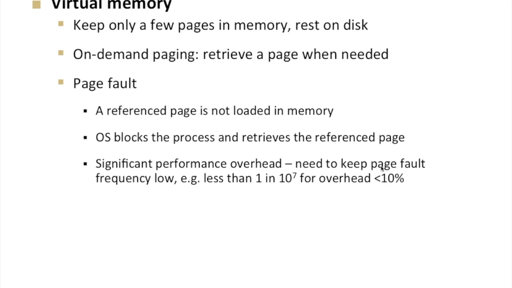But there's a significant performance hit, a lot of extra work, overhead we need to do whenever a page fault occurs. So in order to keep us spending most of our time executing and accessing memory, as opposed to having a page fault, we want to make sure that page faults happen very, very seldom.